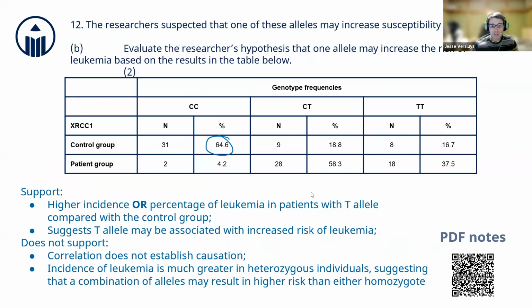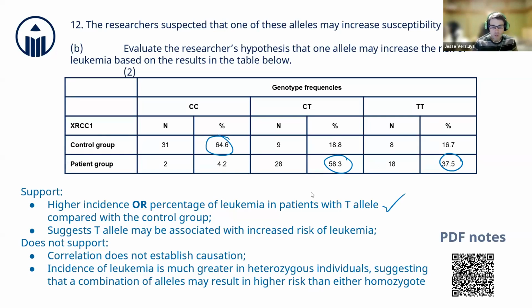And in the patient group, we can see that CT and TT are much more common than they are for the control group. So that indicates a higher incidence or percentage of leukemia in patients that have the T allele. So that does support the hypothesis that one of these alleles seems to be a higher risk. It also suggests that the T allele may be associated with the risk of leukemia.